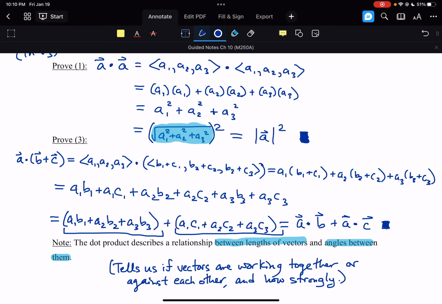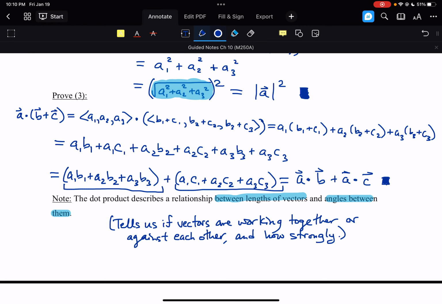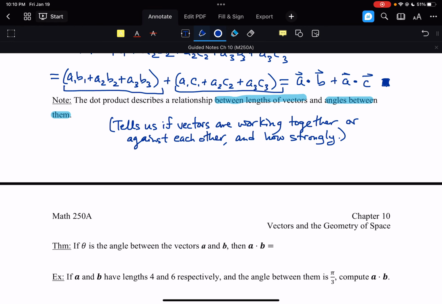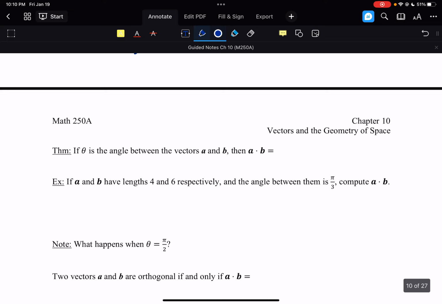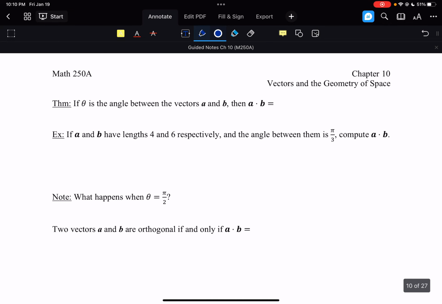And this relationship comes down to the following definition. So if theta is the angle between the vectors A and B, then A dot B is equal to the length of A times the length of B times cosine of theta.